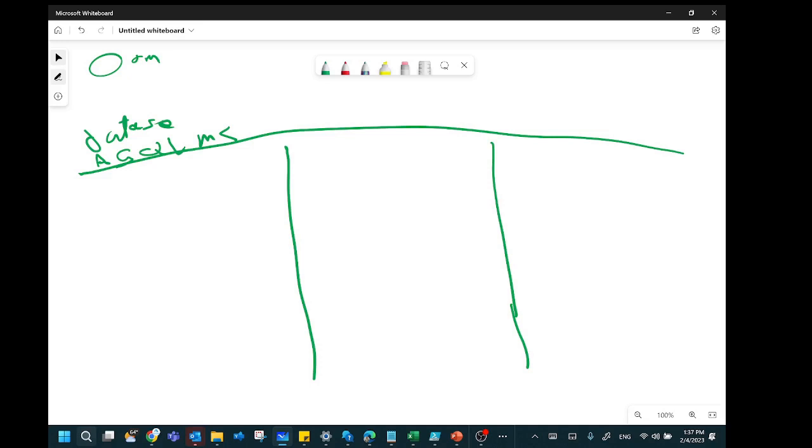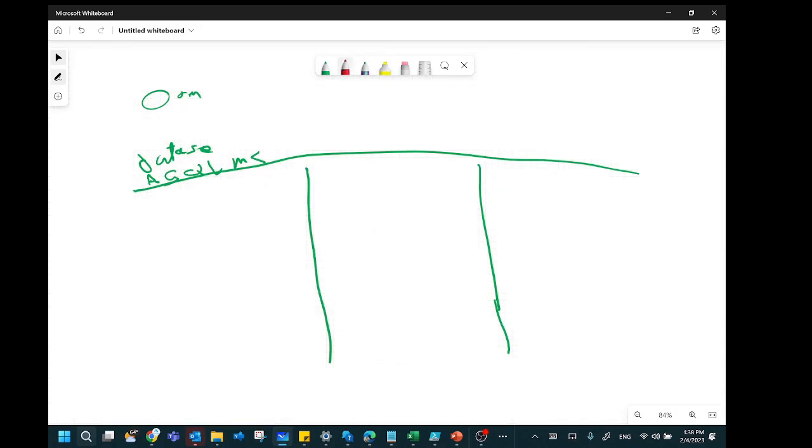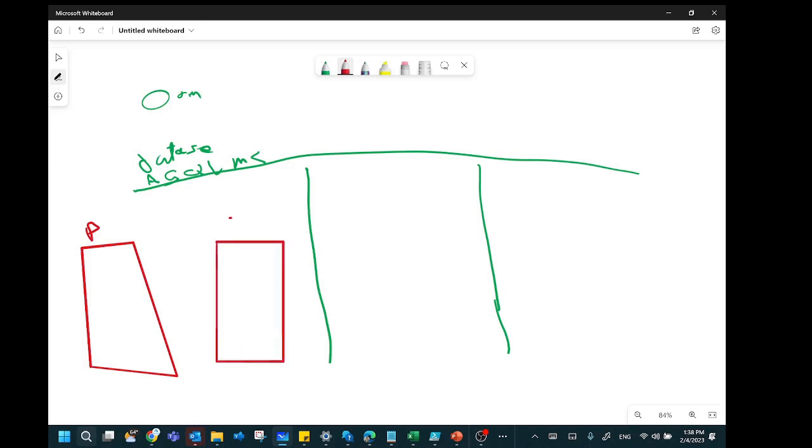So after you discover your customer's needs, you have to answer the question properly. Let's explain again here. Let's draw: first site, this is the primary as we explained before, and this will be the secondary site.